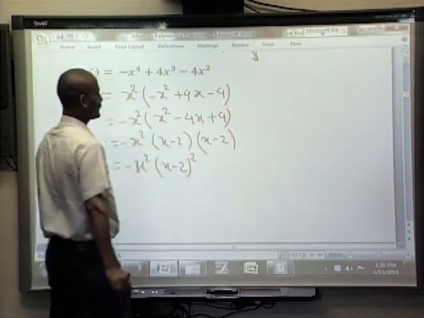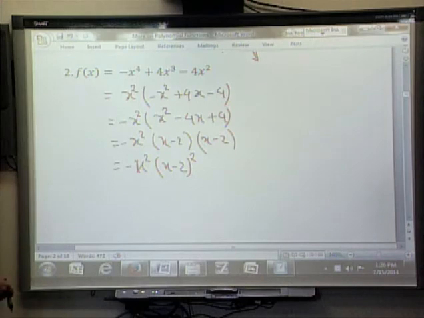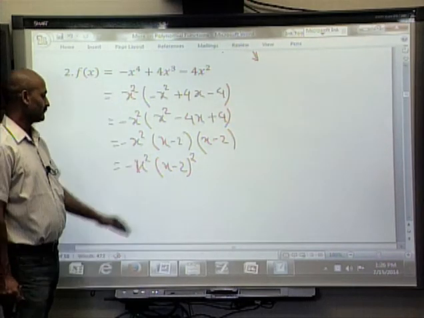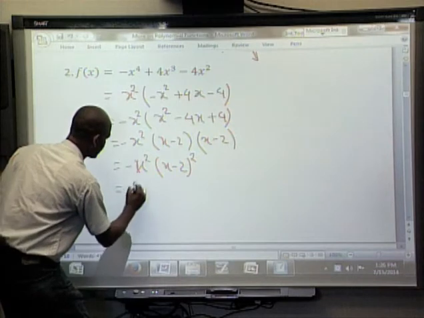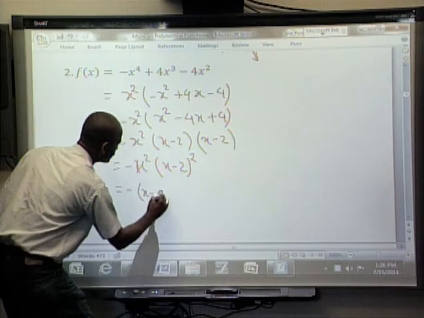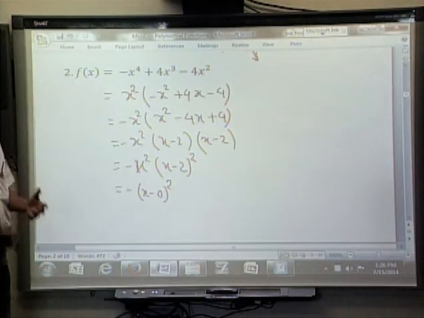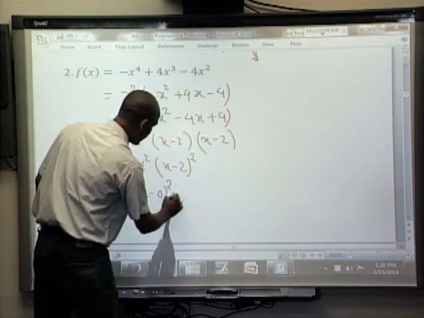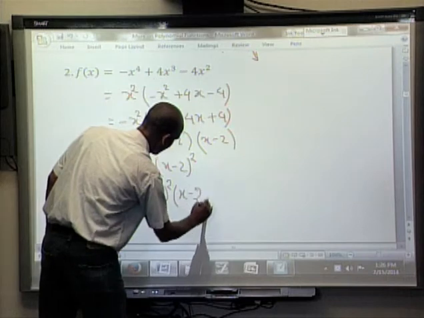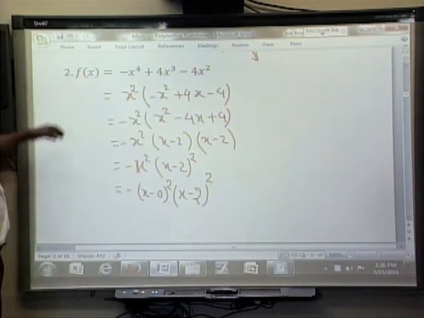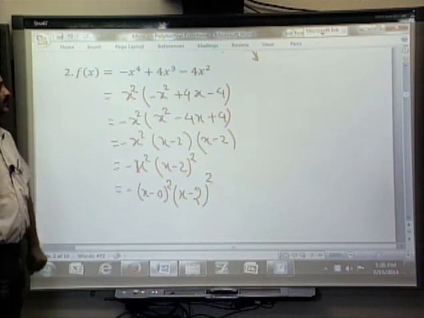So, we factored the polynomial. Well, in fact, the first factor x square can be written as x minus 0 squared, x minus 0 is x itself. So, in order to make it nicer looking, I will write it as x minus 0 squared. So, the given polynomial is factored.